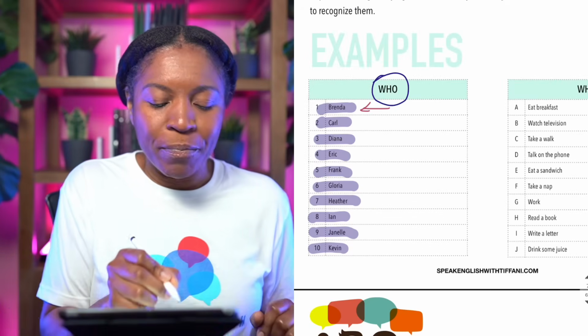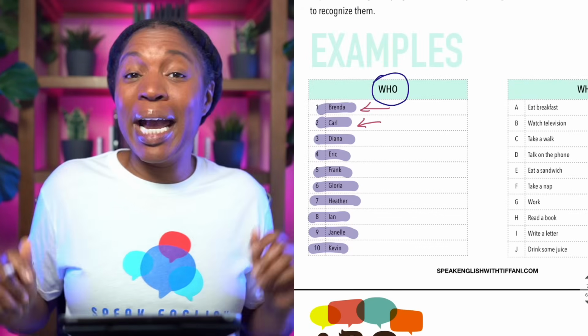Remember, I'm teaching you how to finally speak English fluently. And speaking English fluently is all about giving the right details, but also being concise. And we're starting off with the who. So we have Brenda. Now imagine we did the exact same thing. Now let's see a man.